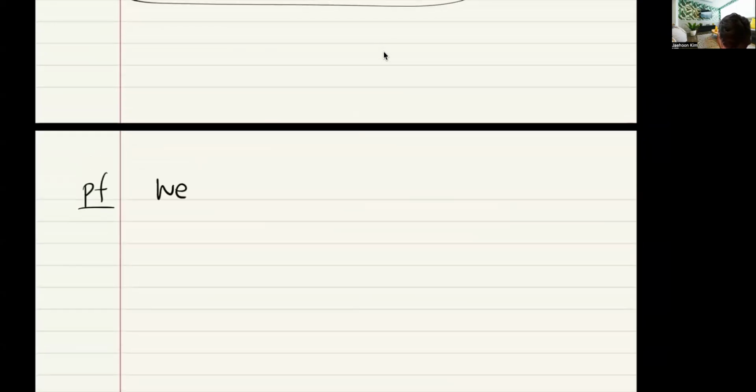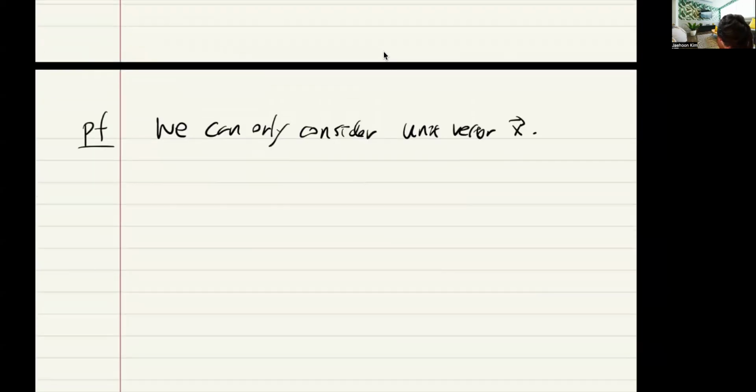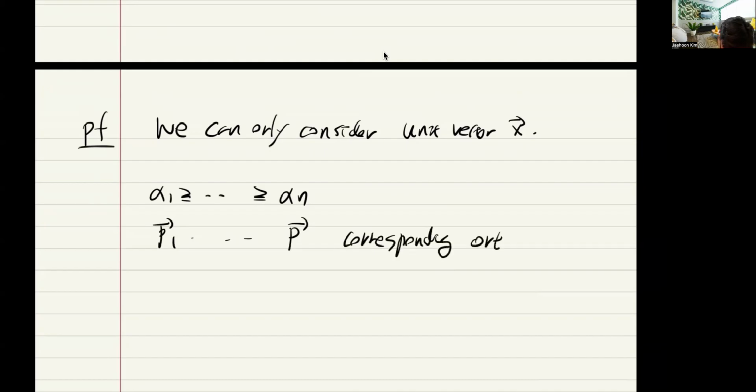So as we mentioned, we can consider only unit vector X. Okay, so let's say you have this eigenvalue, and let's say you have a corresponding eigenvector, also a normal eigenvector.